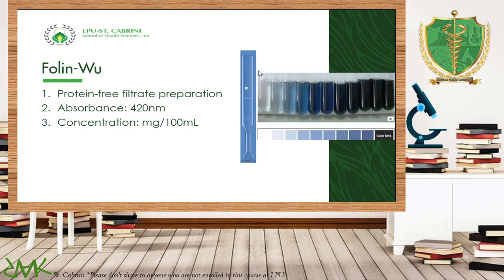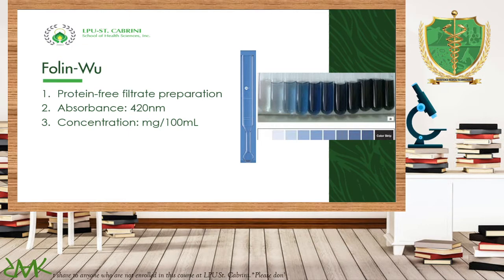This is a Folin-Wu tube used for the protein-free filtrate preparation. And as you can see, on the opposite of our Folin-Wu tube, we have degrees of colors, and that is actually the color reaction of our Folin-Wu. So the greater the color, it means the greater the amount of carbohydrates or glucose present in the solution.